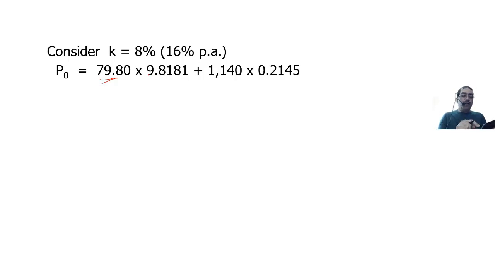I am also sitting with calculator. 1 divided by 1.08, equal to function 20 times. And then GT function. I'm getting exactly 9.8181, 4 digits rounded up.